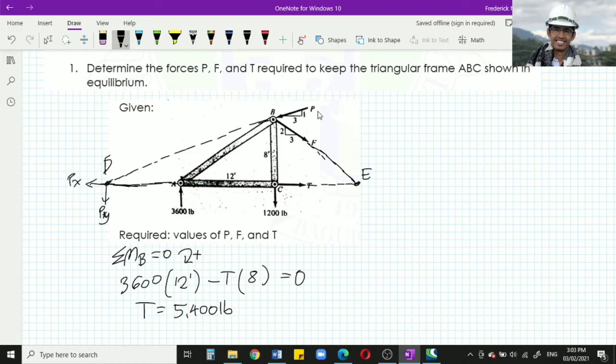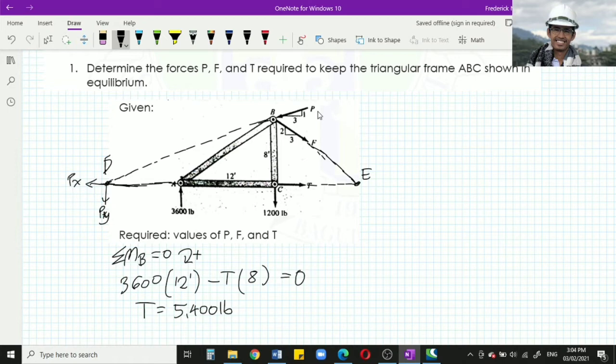Okay? So, ayan. Ngayon, pwede tayong mag-moment sa point D. Hindi na mag-moment yung ating force P kasi concurrent siya sa point D. Ang mag-moment na lang na unknown will be yung force F. Okay? So, ang technique dito, maghanap tayo ng point kung saan isa lang yung unknown na nalalabas sa ating equation.